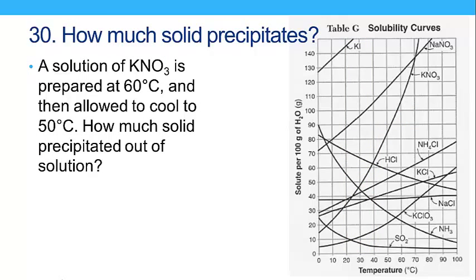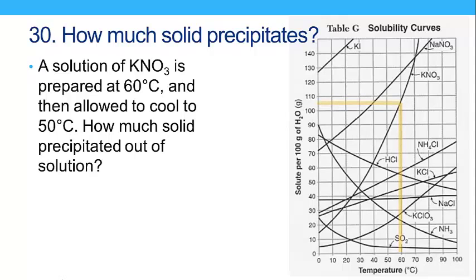A solution of KNO3 is prepared at 60 degrees Celsius, and then it's allowed to cool to 50 degrees Celsius. How much solid precipitated out of solution? We know that KNO3 is a solid, and for a solid, usually whenever it's warmer, we can dissolve more. We can dissolve more sugar into hot tea as opposed to cold tea.